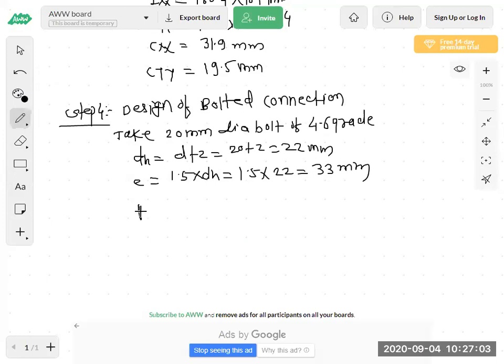Then P is equal to 2.5 into D, that is 2.5 into 20, so 50 mm.